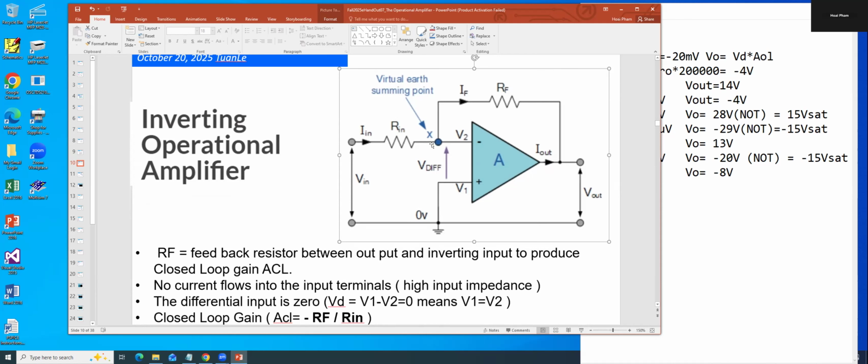Now you see the current I in goes to this point. Where does it go? Up. Why does it not go down?